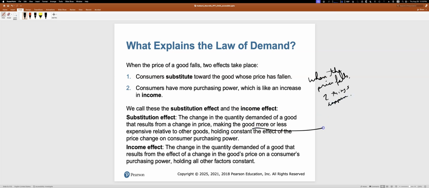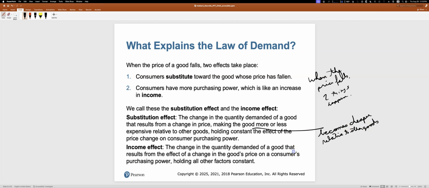First, the product will become cheaper relative to other goods. All right, so if you think of my budget and what I all spend money on, if the price is falling and it's now cheaper relative to other goods, then I will buy more of it. It's just lower in cost.